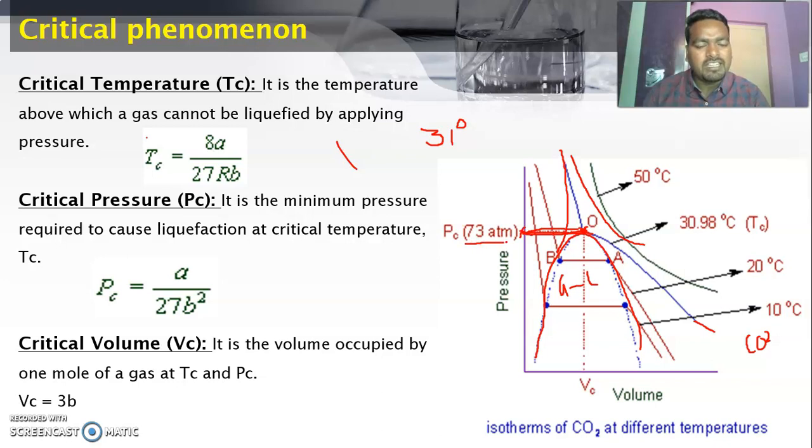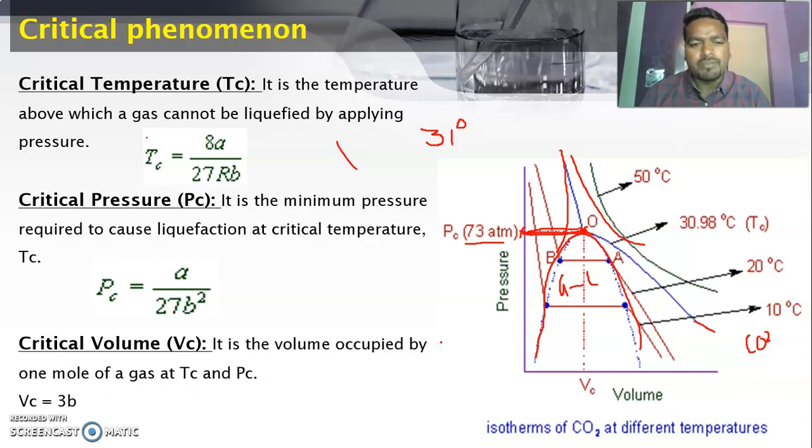So this 73 atmosphere is called the critical pressure. That is the pressure of that gas or liquid at critical temperature. Pc is equal to a divided by 27b square.